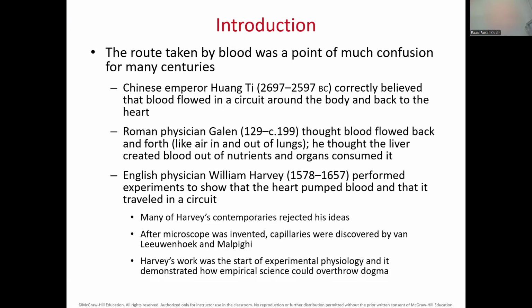These are known as the capacitance vessels. These capacitance vessels are the veins. So the veins are massive. They are huge, and all the blood is not flowing through them. It's stagnant. It's stored. It's the capacitance storage site. 64% of your blood is in the veins.